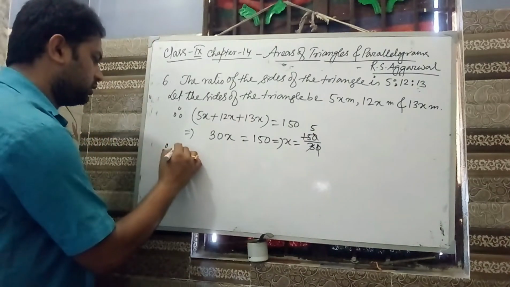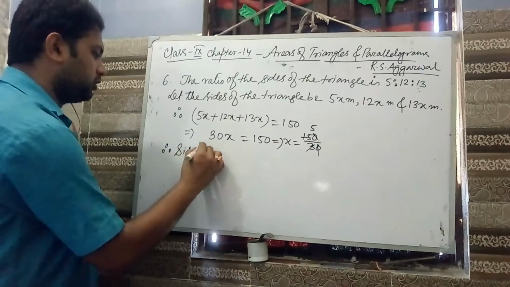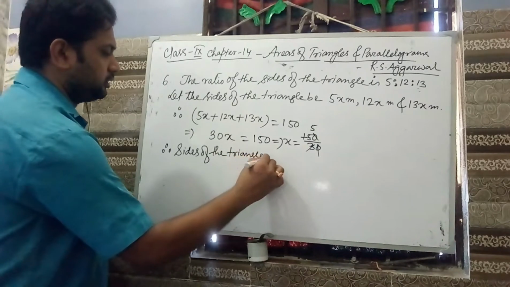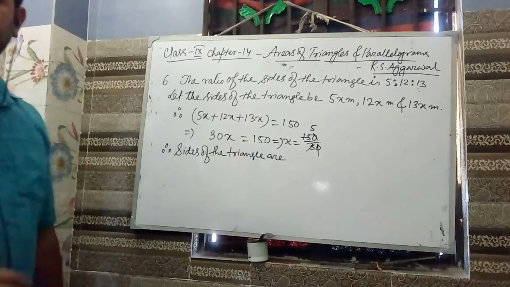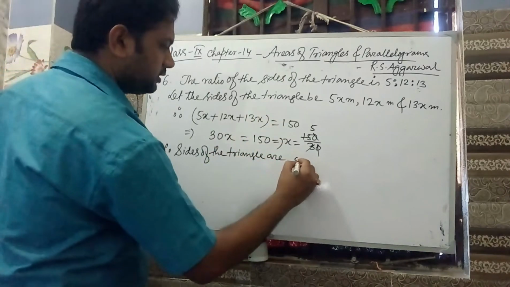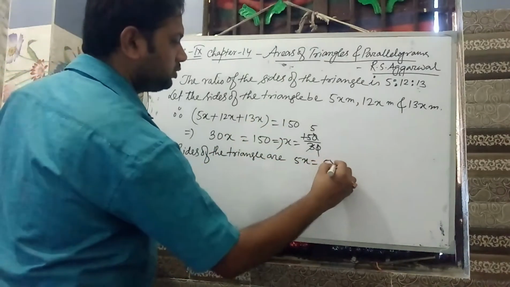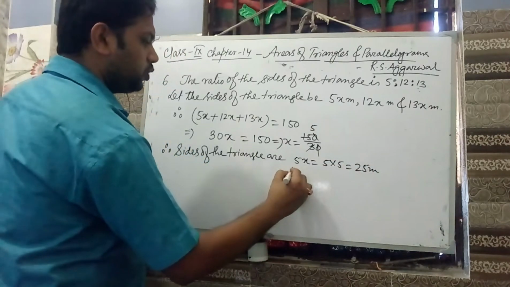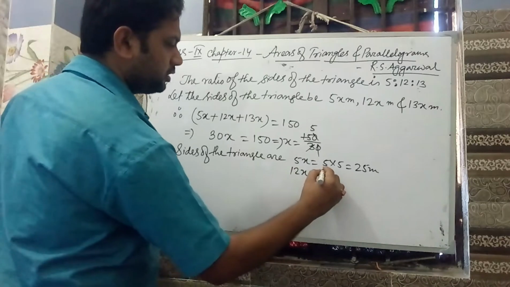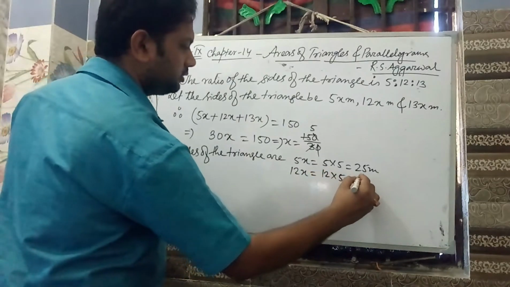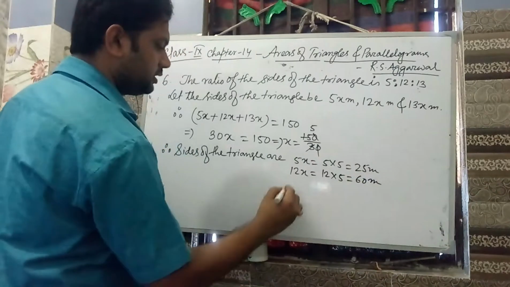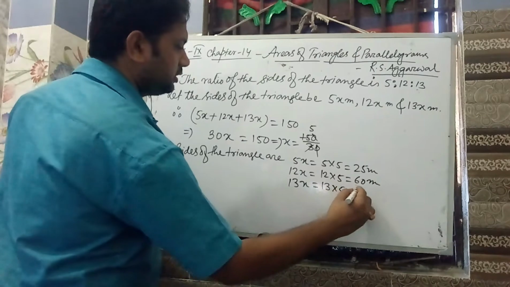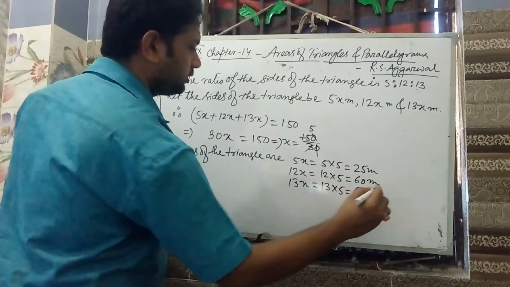Therefore sides of the triangle are 5x equal to 5 into 5, 25 meter, 12x, that is 12 into 5, 60 meter, 13x, 13 into 5, 65 meter.